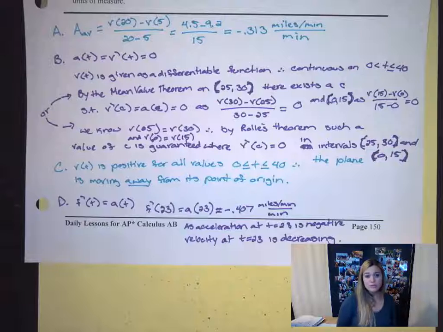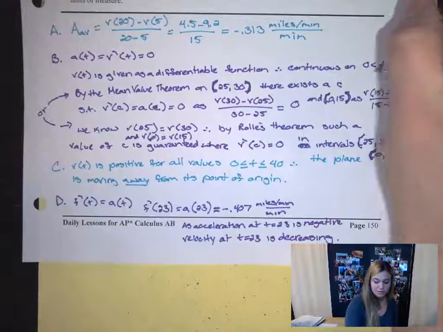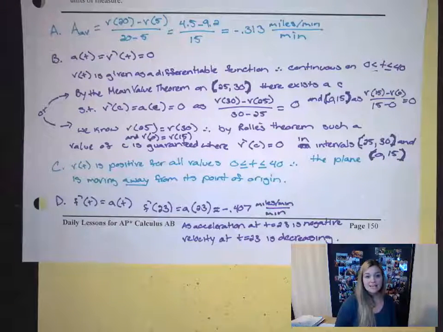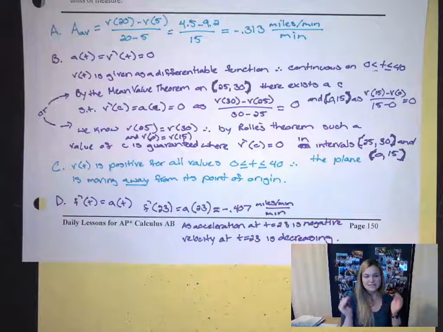If you used mean value theorem or Rolle's theorem, the very first thing you need to say is v of t is given as a differentiable function, therefore continuous on the closed interval. By the mean value theorem, and I changed this from brackets to parentheses, it should be parentheses because whatever the c is, it's going to occur within that interval, not at the endpoints.